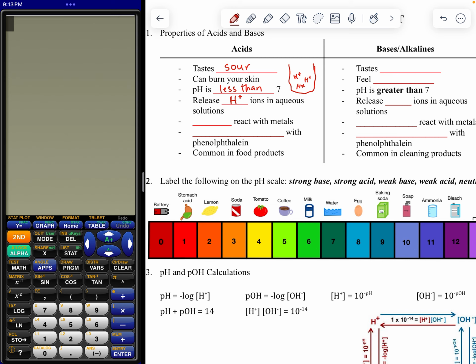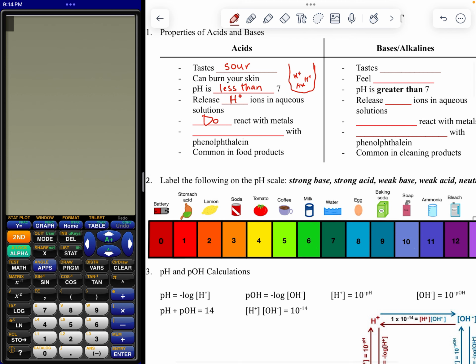They do react with metals, and that's what you saw in your stations activity, where only acids would bubble, fizz, change temperature, change color, and so on with the metals. But they don't appear in color, so there's no color change.